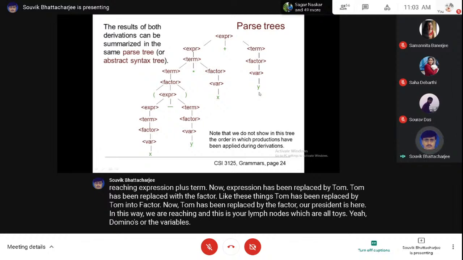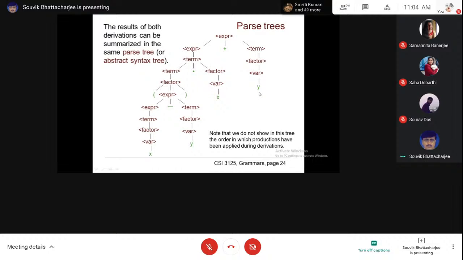This is basically a parse tree or abstract syntax tree. Is it okay? Are you understanding this parse tree?